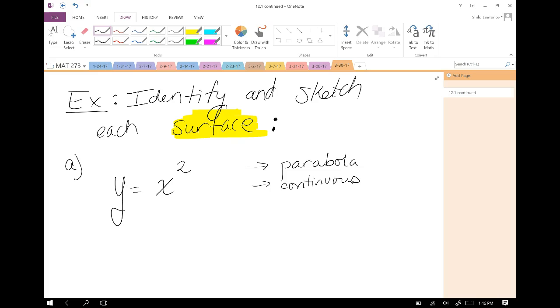So instead of saying facing up, let's say opening in a specific direction. So what direction does it open? Opens in the positive y direction. It opens in the positive y direction.